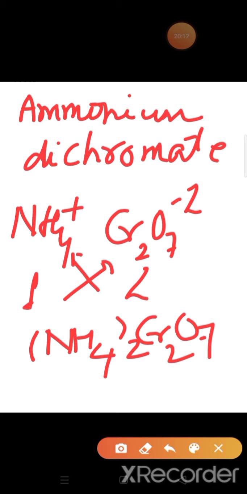Now we are going to discuss the molecular formulas of acids, for example hydrochloric acid. You all know the formula of hydrochloric acid. What is the meaning of acid?